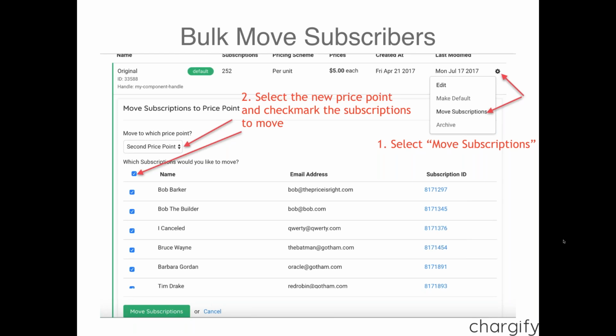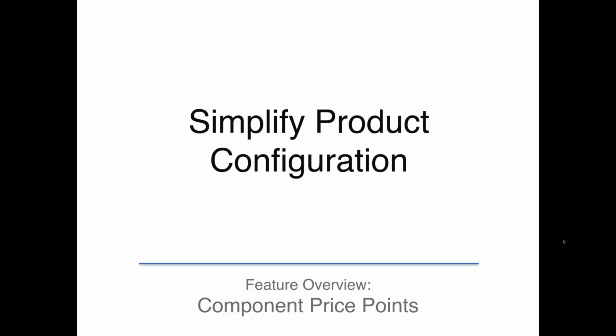Next, you can select the new price point that you want from the drop-down menu and then check mark the subscriptions that you want to move. And then you click Move Subscriptions. So in 3 easy steps, you can move the subscriptions from one price point to another.